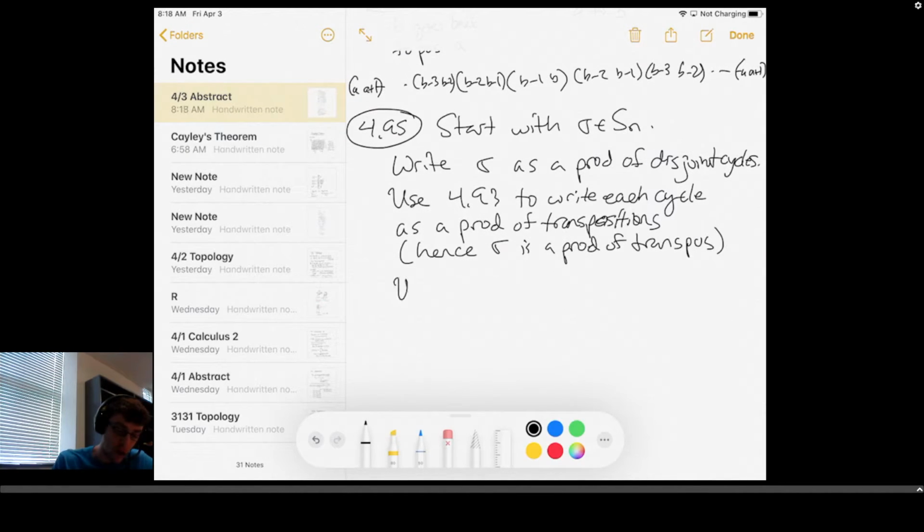And then if you want further to use only adjacent transpositions, then you use 494 to break those down into products of adjacent transpositions.